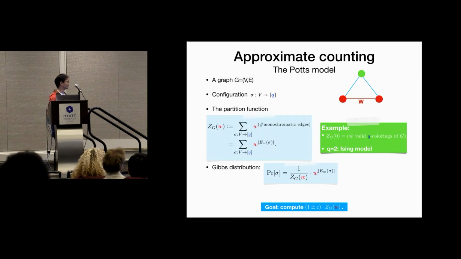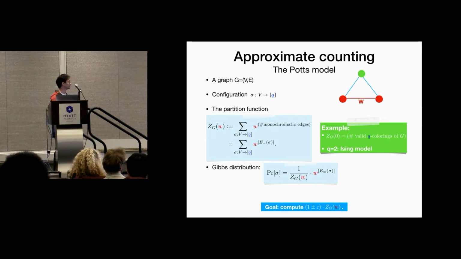A closely related model to Q-coloring is what's known as the Potts model. So what's the Potts model? Given a graph, a configuration assigns one of the Q colors to all the vertices. But now we allow improper colorings as well.